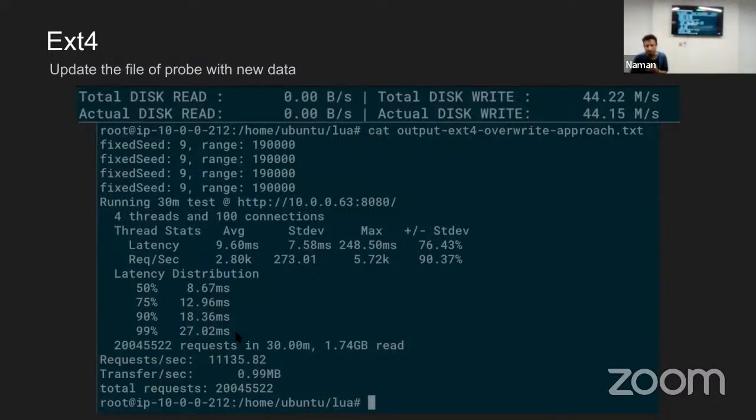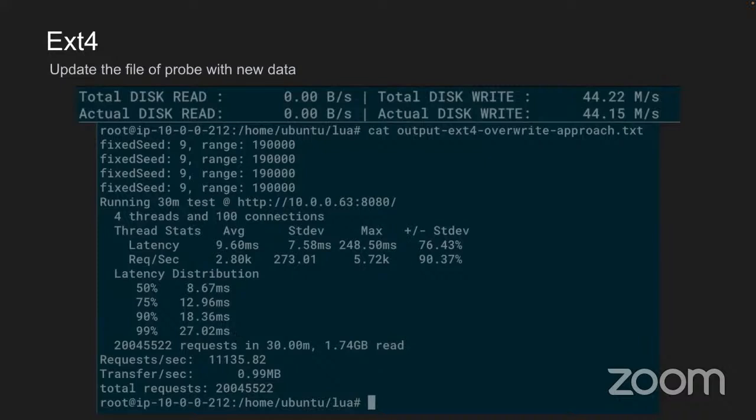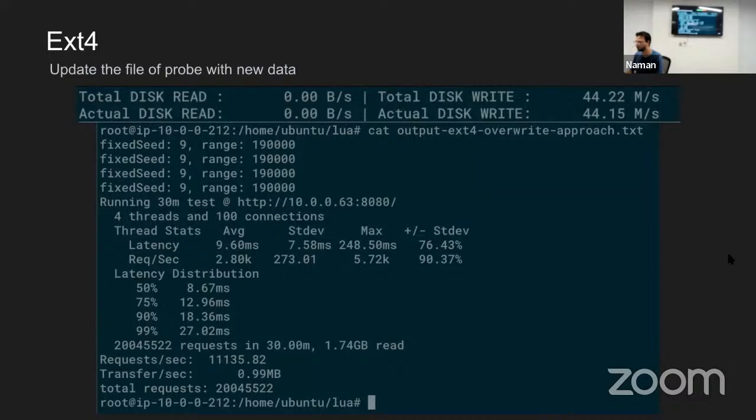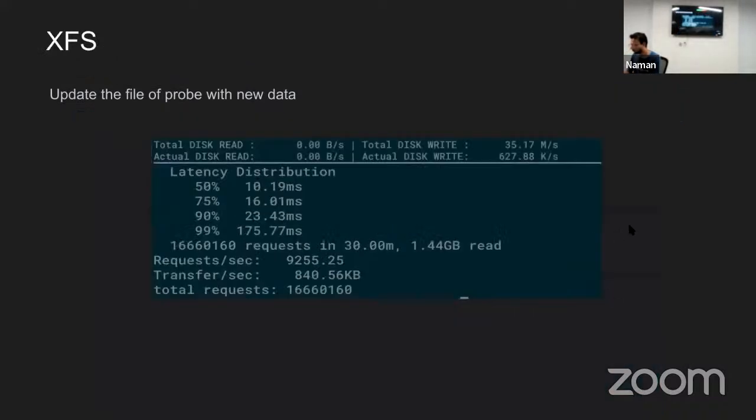Sorry? Journaling. Sorry? Because of two CPUs. Because of two CPUs, that is partly true. First, Yadu said journaling. Even on XFS we have journaling, but it's not as advanced as ext4. So that's one reason. And the other core reason is, why do you think two CPUs will make a difference for XFS but not for ext4?